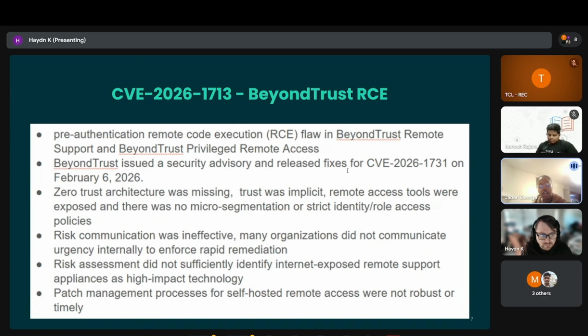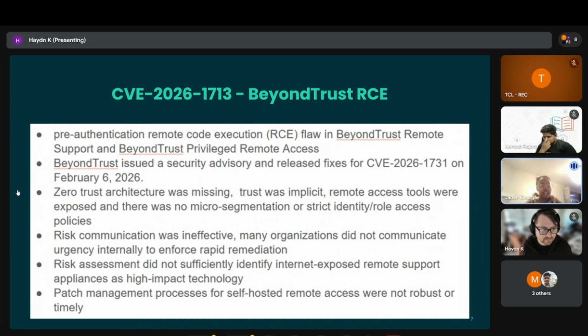Risk assessment did not sufficiently identify internet exposed remote support appliances as high impact technology, and the impact or likelihood scoring didn't appropriately reflect how critical the unauthenticated RCE was.